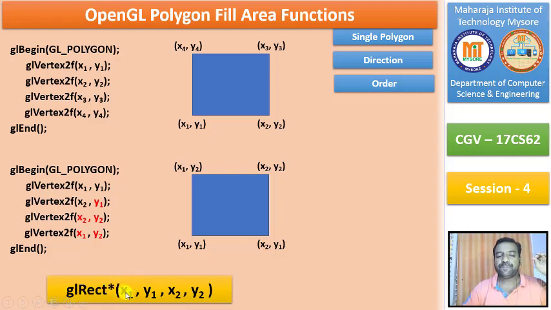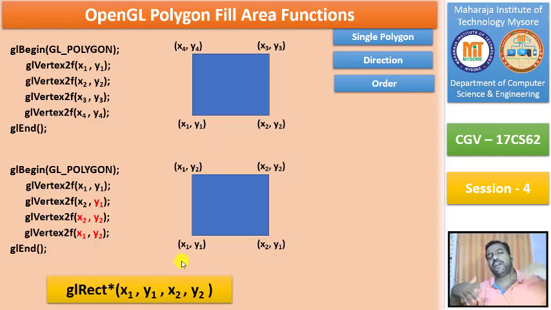If you observe, this takes 4 parameters: x1, y1, one corner of your rectangle, and x2, y2, the diagonally opposite corner of x1, y1. So with these 4 values, the GLRect API will make sure it draws a rectangle.